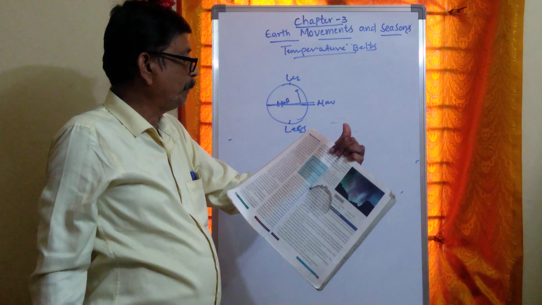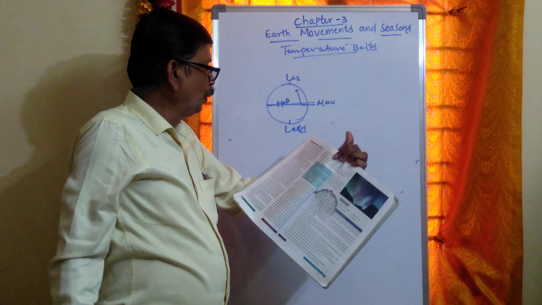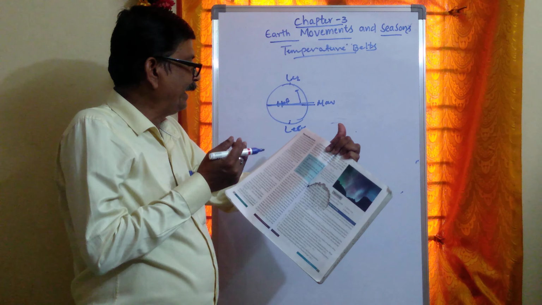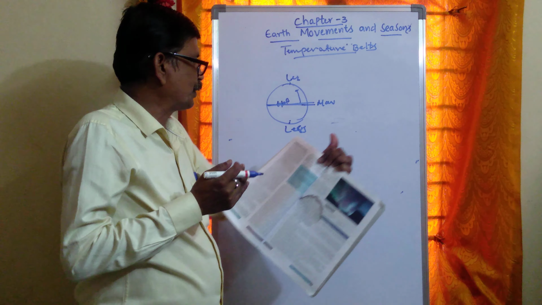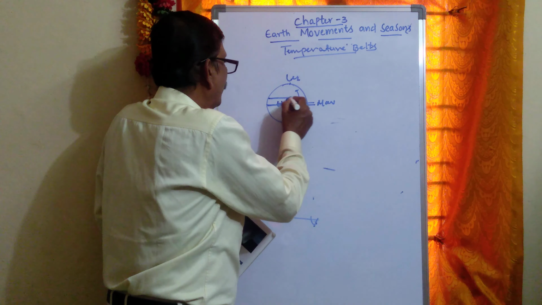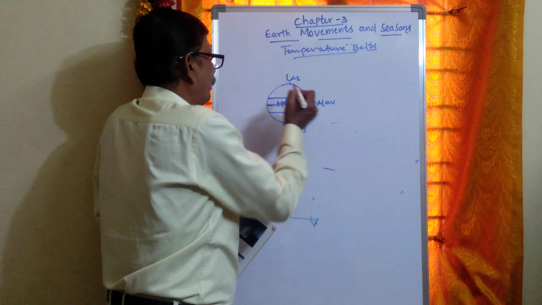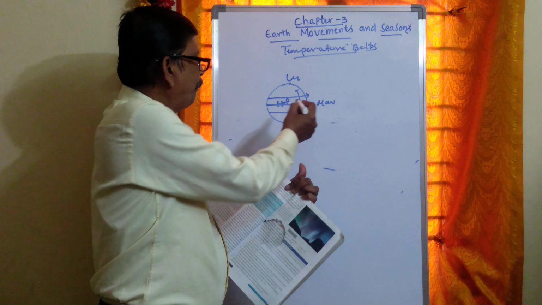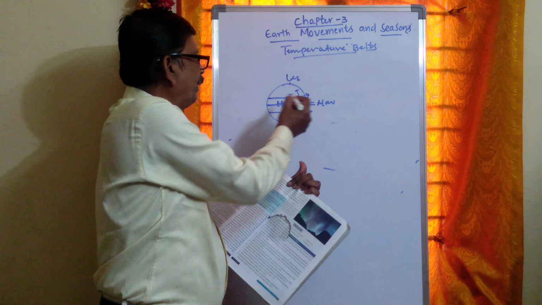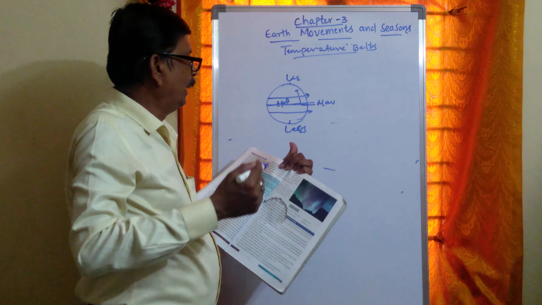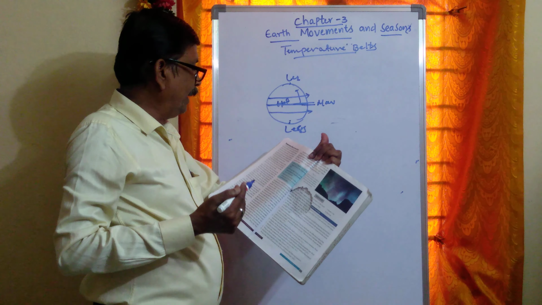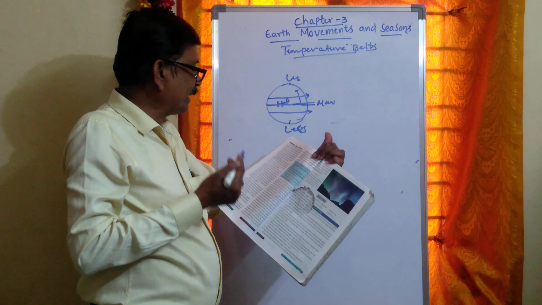The sun's rays, while in June, shine directly over the Tropic of Cancer. So this is the Tropic of Capricorn, and this is the Tropic of Cancer. In March, the equator region gets a high temperature, as the sun shines directly over it.